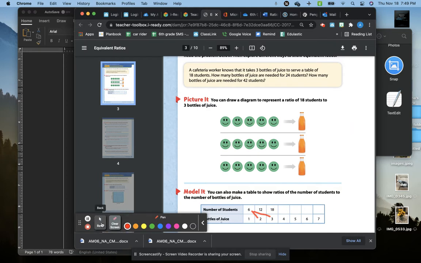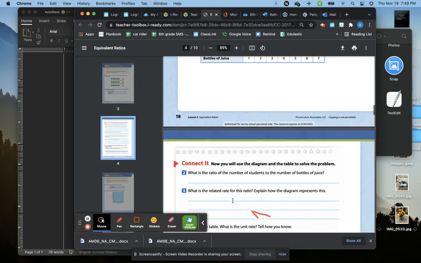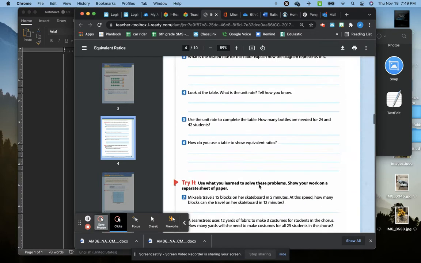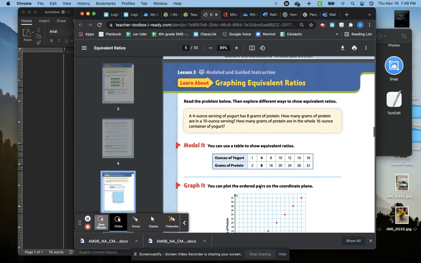Today you are going to be working with the same thing, but you're going to be doing it with graphing.